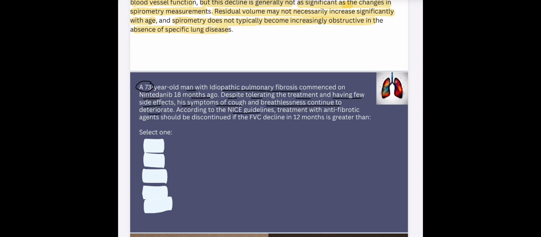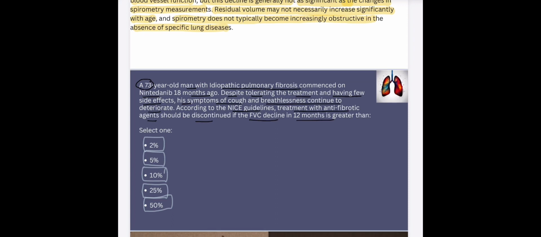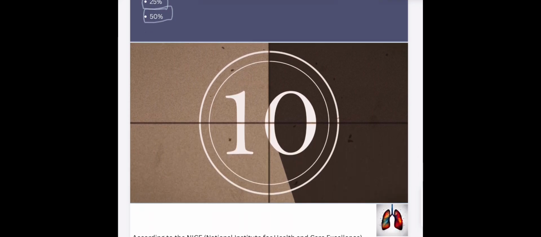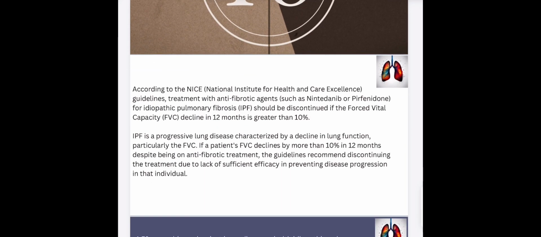According to NICE guidelines, treatment with antifibrotic agents should be discontinued if FVC decline in 12 months is greater than 2%, 5%, 10%, 25%, or 50%. I think this is an easy question. And the answer is 10%.